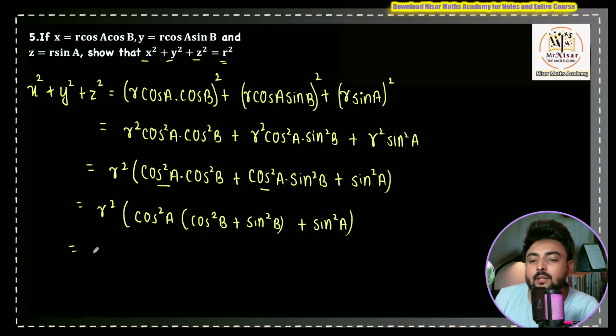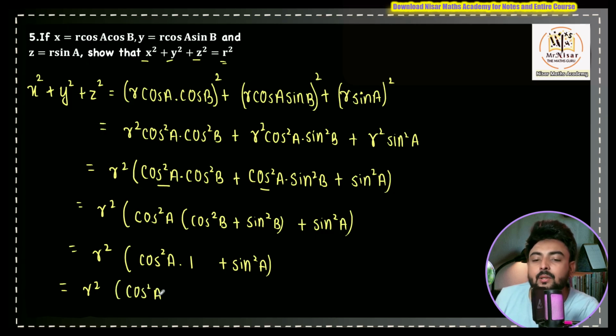Now cos square b plus sin square b is going to become 1. So it will be cos square a into 1, and here we have sin square a. So cos square a into 1 becomes cos square a, and cos square a plus sin square a again becomes 1.